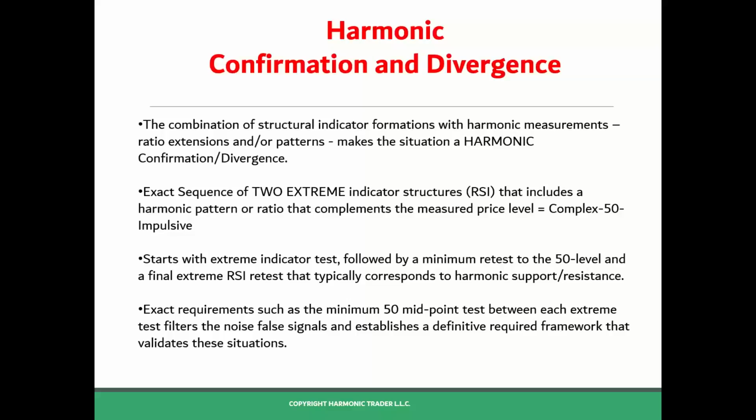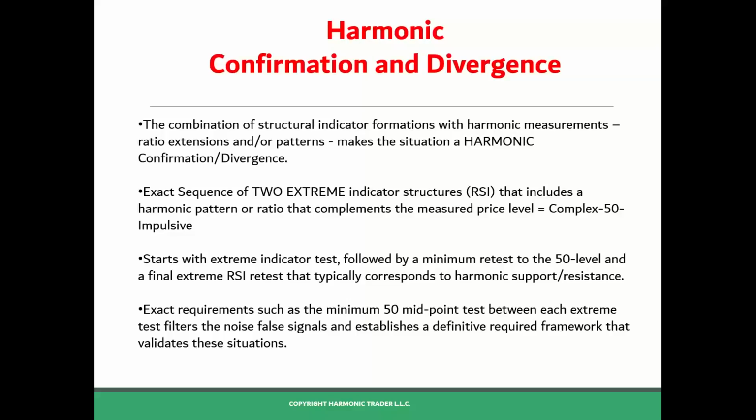Now, when we want to look at these confirmations and divergence conditions, okay, we have to look at the combination of the indicator formations. Combine that with the patterns, and the software does it automatically, and we'll look at how it highlights on the charts. But again, going back to not only the 2 formations, but specific tests of the extreme.